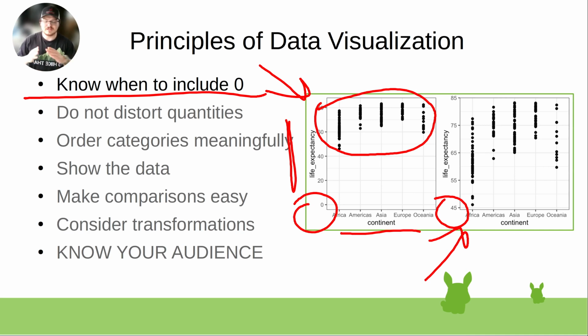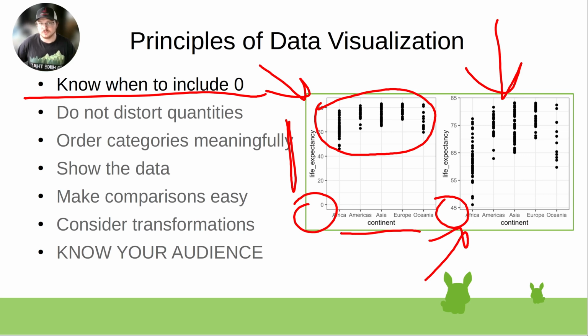And you see what this allows us to do is really spread out the data here on the right side and start to see some differences between the continents here. So we see that Africa, for instance, has a wider range, more variability in life expectancy in comparison to America, Asia, Europe, Oceania.